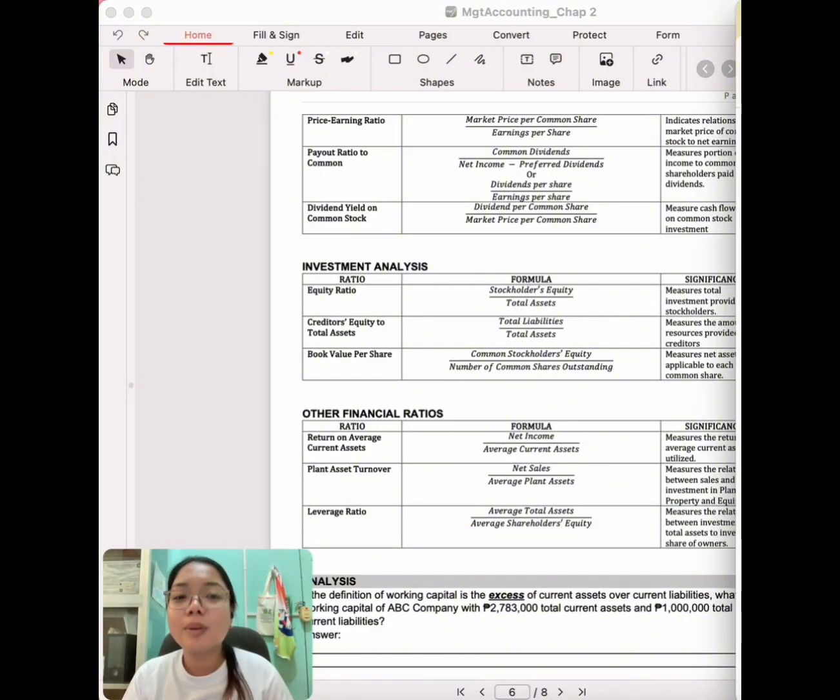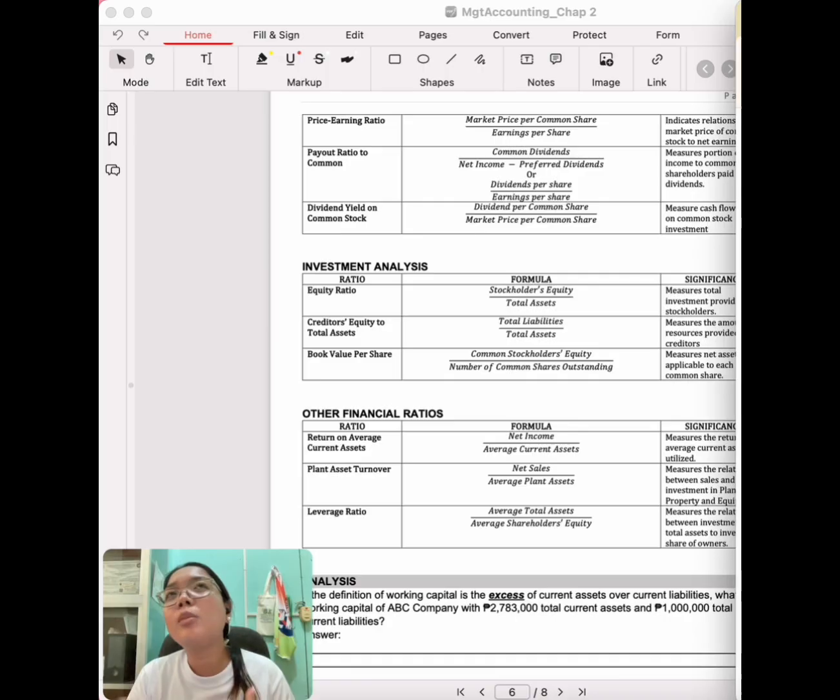Okay, next we have the book value per share. So, the formula there is common stockholders' equity divided by number of common shares outstanding. So, the book value per share measures the net assets applicable to each common share. So, in simple terms, based on the company's accounting records, how much net asset value is attributable to each common share.